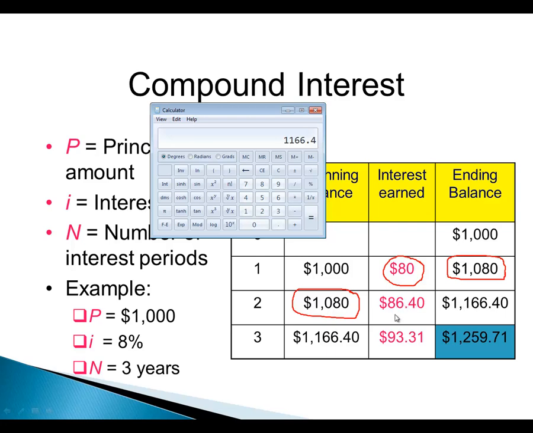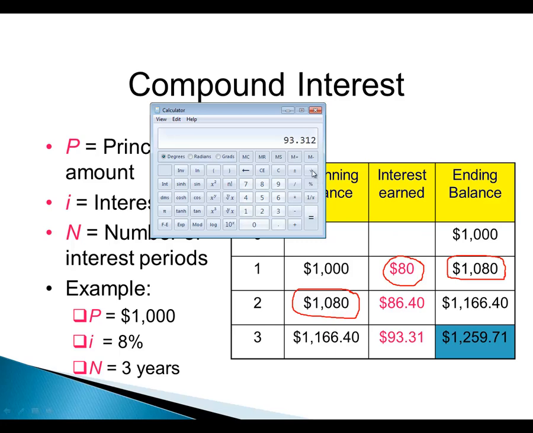Again, in the third year, now I will not take the 8% on the 1,080. I will take it on the new number, which is the 1,166.40. So I will multiply that times the 8%, and that will give me $93.31.